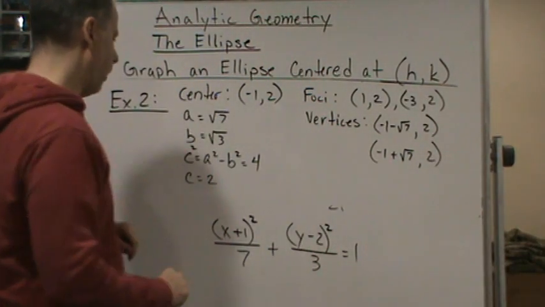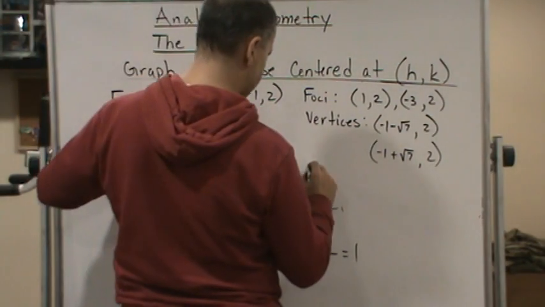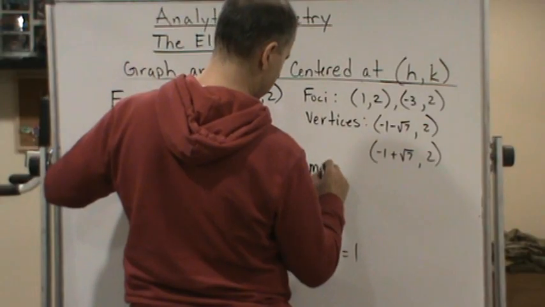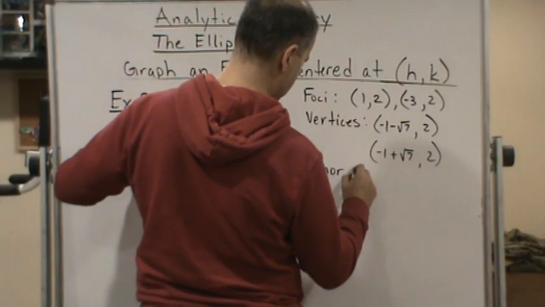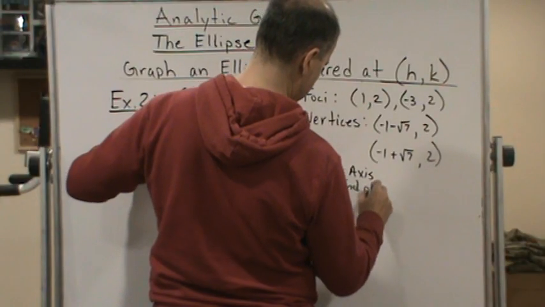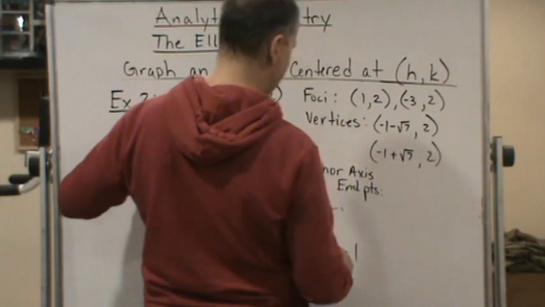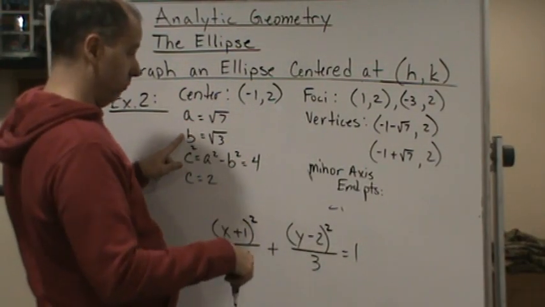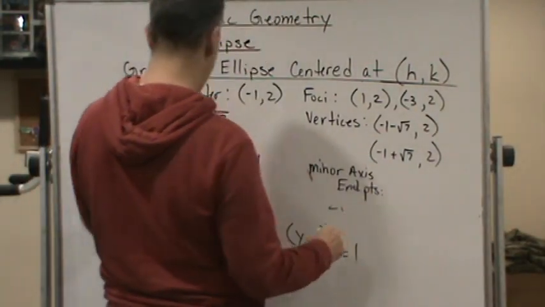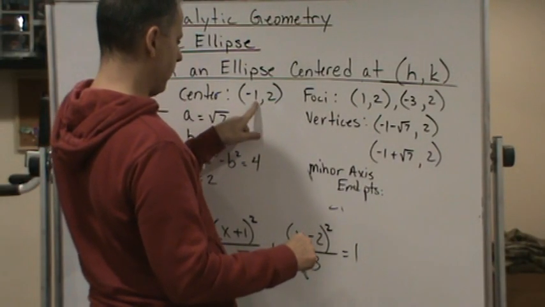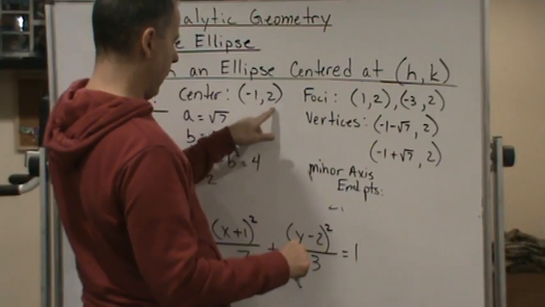All right, now what about the minor axis endpoints? Okay, so now here's the thing. The minor axis is vertical, right? So that means the x value stays the same, y value has changed.